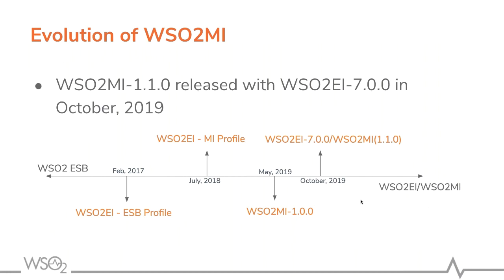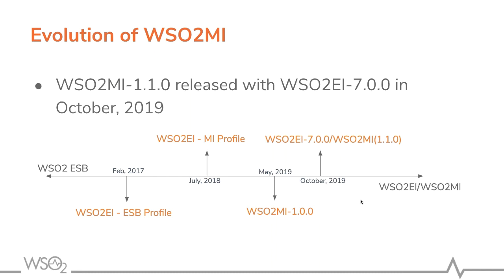So let me take you through the evolution of WSO2 MI. WSO2 first had its ESB, WSO2 Enterprise Service Bus, which was the solution we gave for SOA kind of problems. And then in the middle, we identified that the technology was moving with the cloud native trends. So we introduced the Micro Integrator profile that went inside the WSO2 Enterprise Integrator along with the ESB profile.